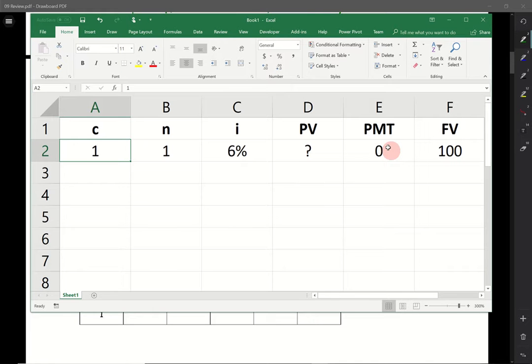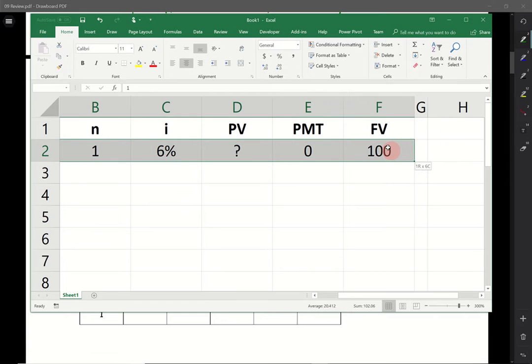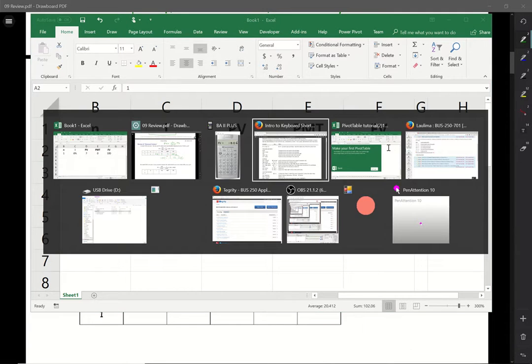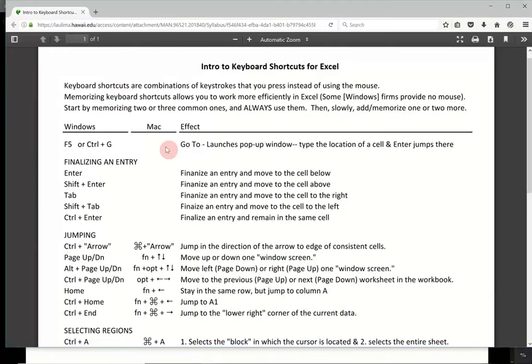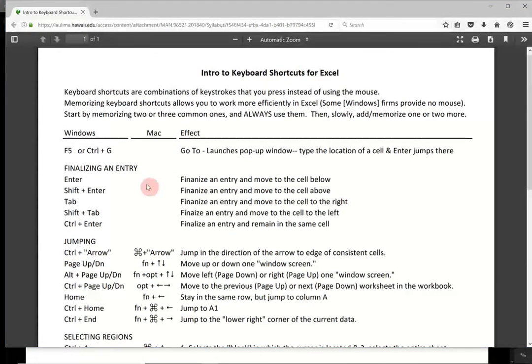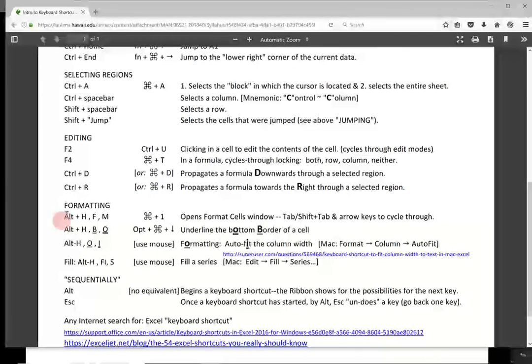Okay, so I'm just going to make these cells a little bit narrower, and so on the keyboard shortcuts under formatting, you can open up, say, here, Alt H O I, and I think on Mac there is no analog for this, right?